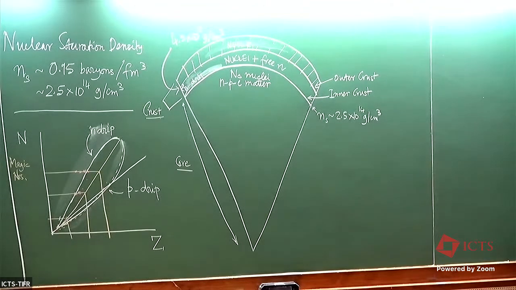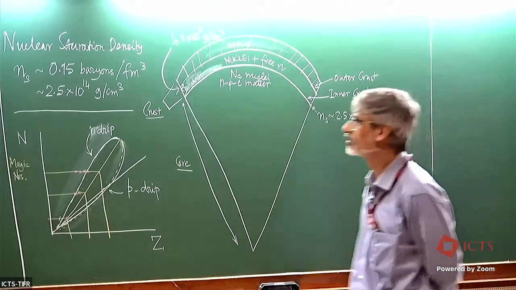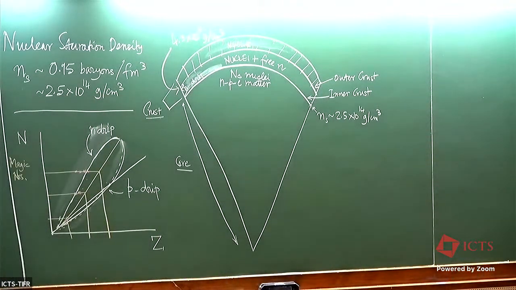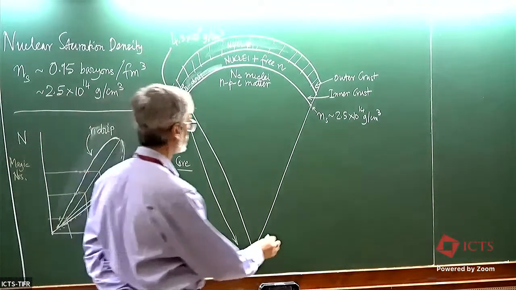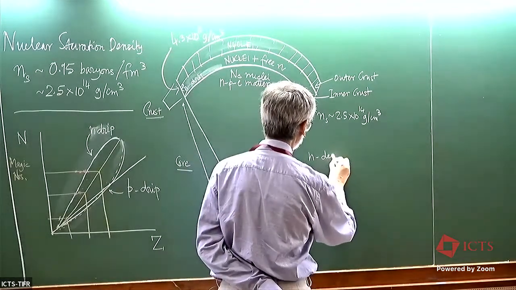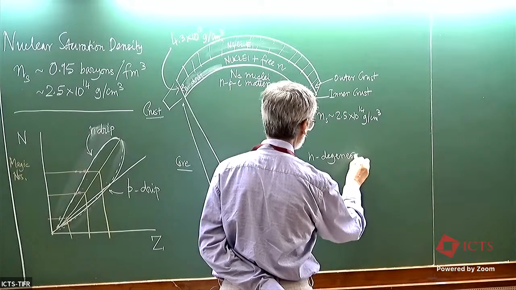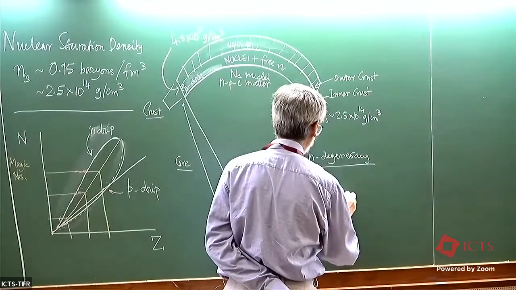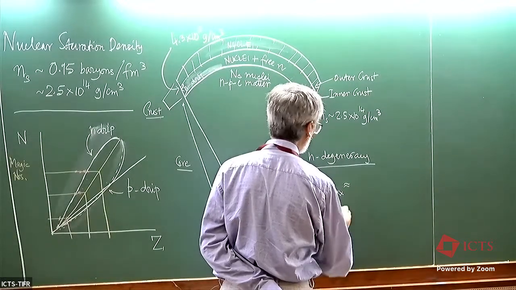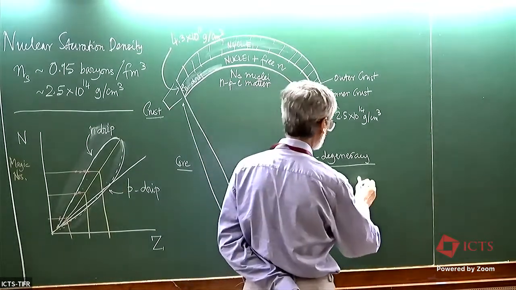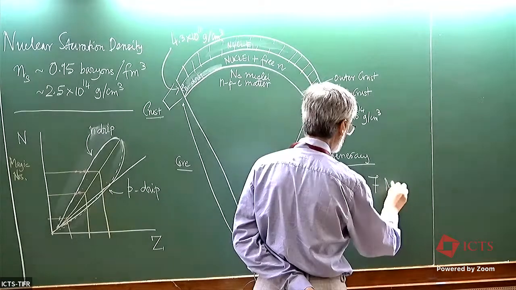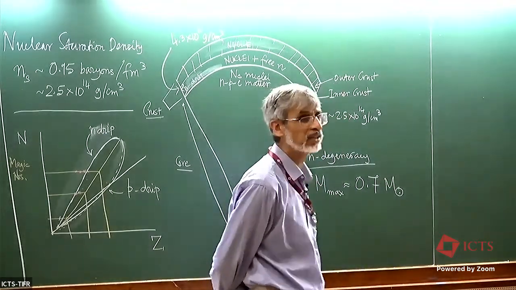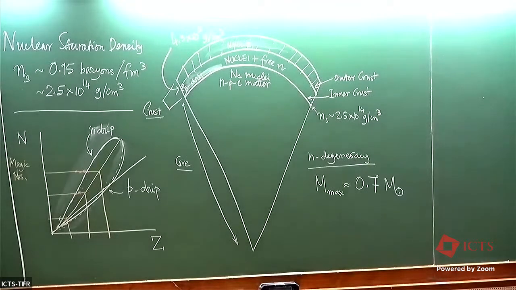If you only have neutron degeneracy, then the maximum possible mass of a neutron star is roughly equal to 0.7 solar mass. This was actually calculated by Oppenheimer and Volkoff in 1939. So this is the Oppenheimer-Volkoff limit.